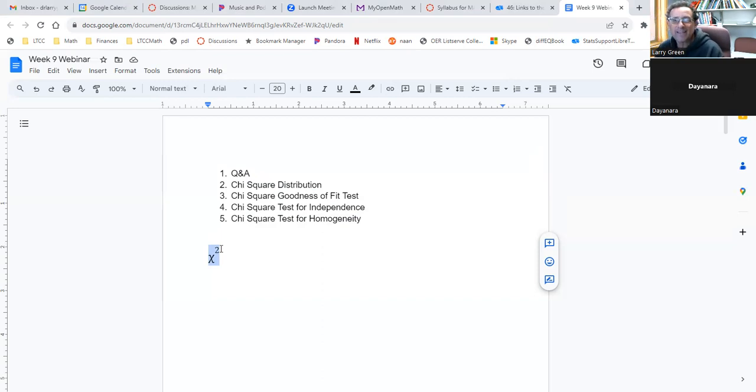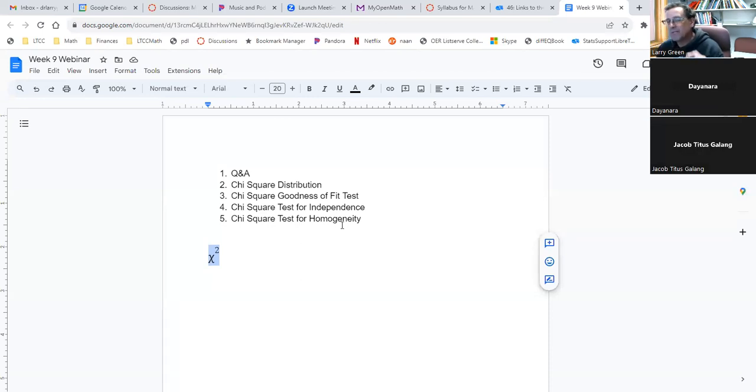And the main thing to know about the chi-squared distribution is if you square a number, any real regular old number, you can never get a negative number. So the idea is when we have any of these chi-squared tests, we only get positive possible values, which means that you only get a right-tailed test.